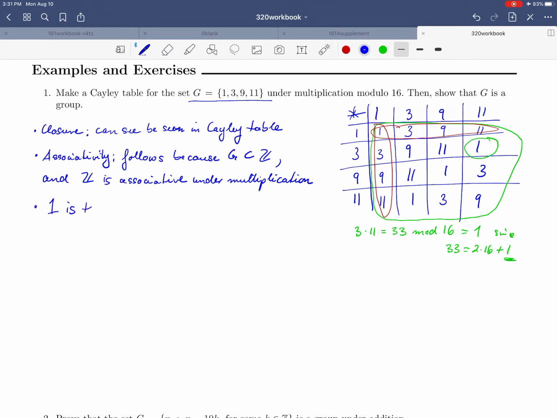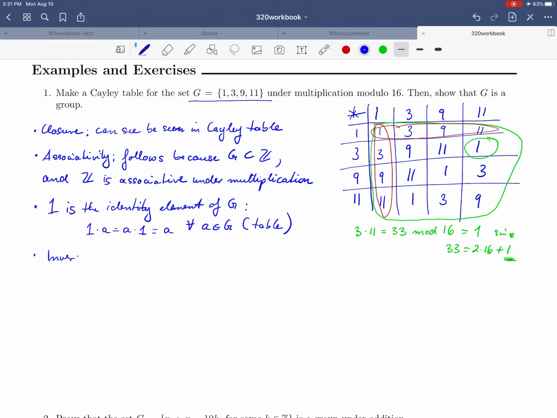So 1 is the identity. And we can see that from the table. 1 times a is equal to a times 1 is equal to a for all a in G, and we saw that in our table. So this is just, again, what it means to be an identity.